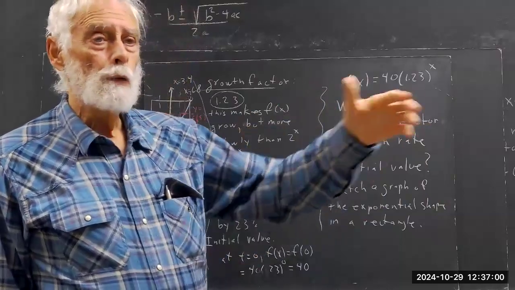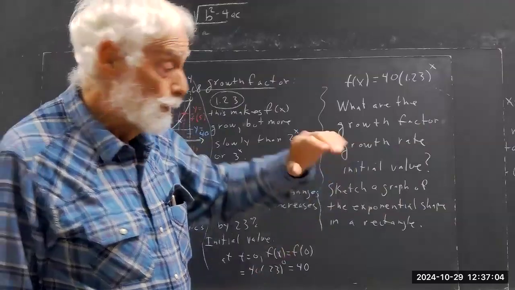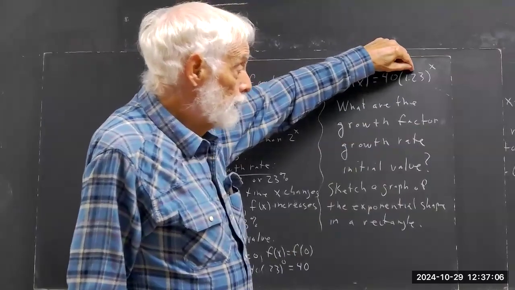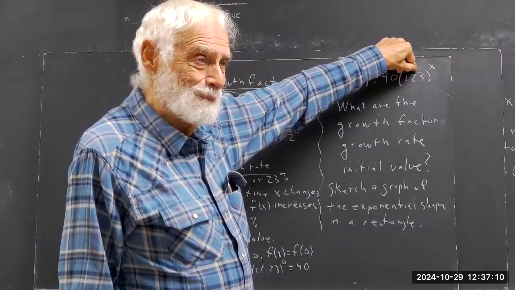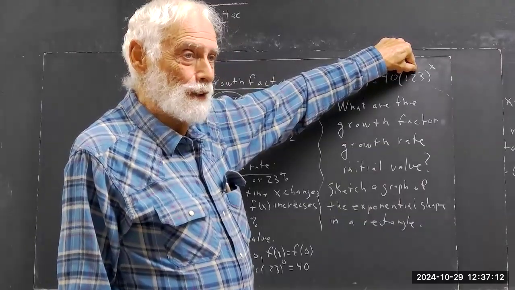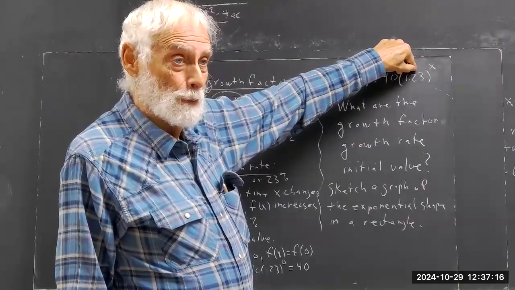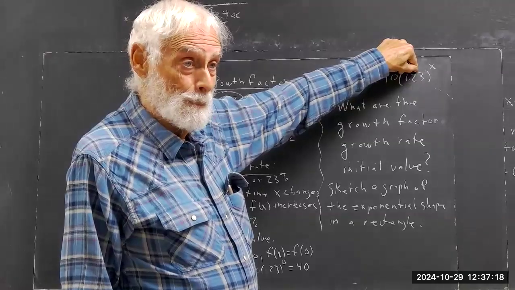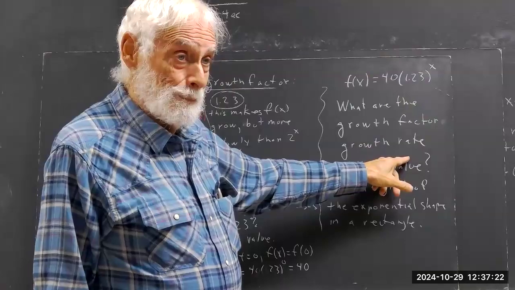Okay, you have a higher growth rate if it's 5% than if it's 3%. It grows a lot faster. This is a growth rate of 23%. So this probably isn't interesting. You're not going to find a safe investment with a 23% growth rate. Okay, but that's what we mean by growth rate.